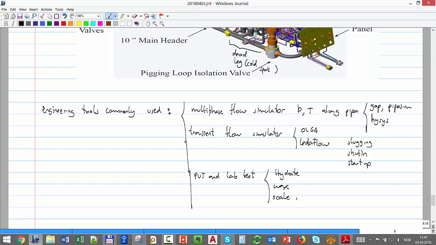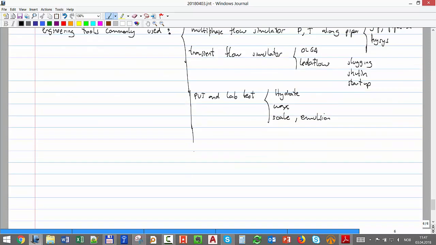You can also make emulsion tests, that you have covered a bit. Sometimes we can also make erosion tests. If you suspect that you will have erosion through a certain component, like a valve, for example, you can also test it for a period of time to see how much erosion you get.